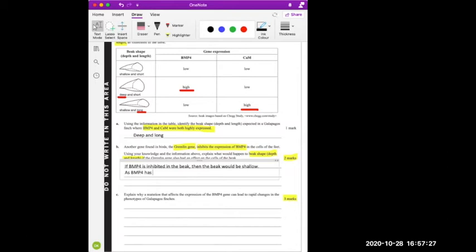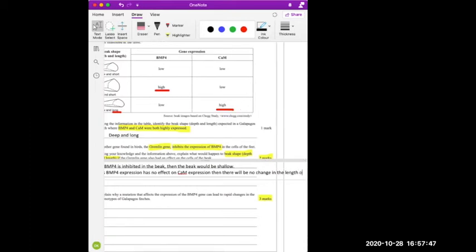As BMP4 has no effect on CaM expression, there will be no change in the length of the beak.